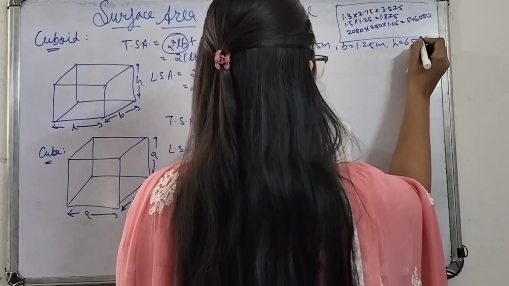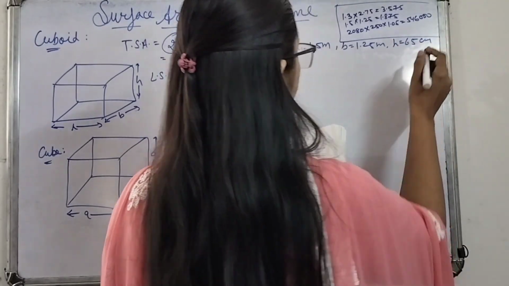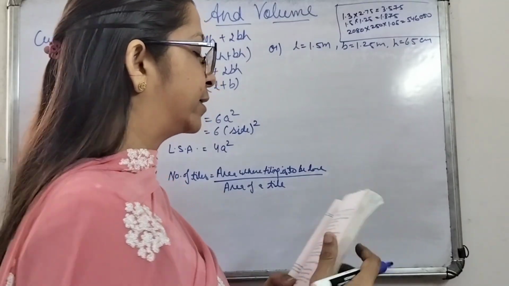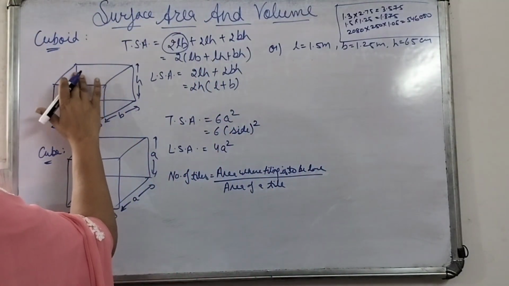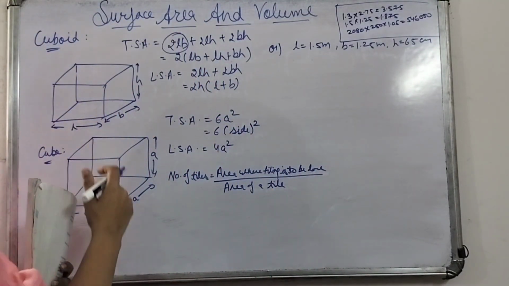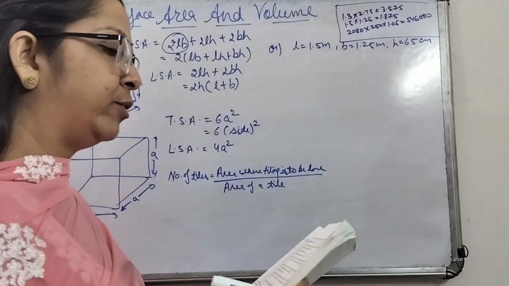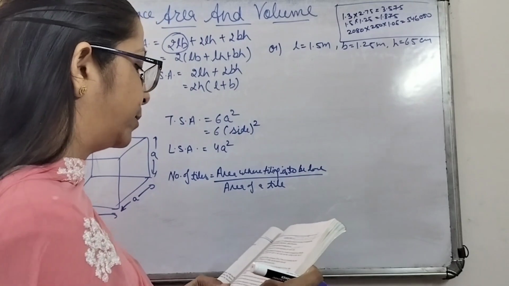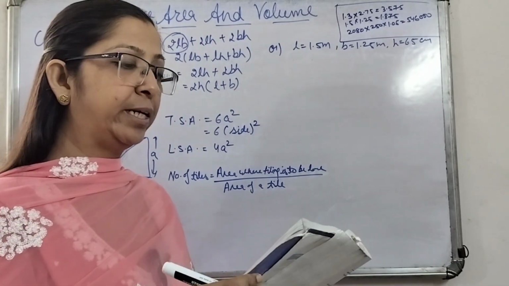Height is 65 centimeter. It is to be made. Now it is open at the top, meaning the topmost face is not there. Only 5 faces we have to consider because it is open from the top. Ignoring the thickness of the plastic sheet, determine the area of the sheet required for making the box.